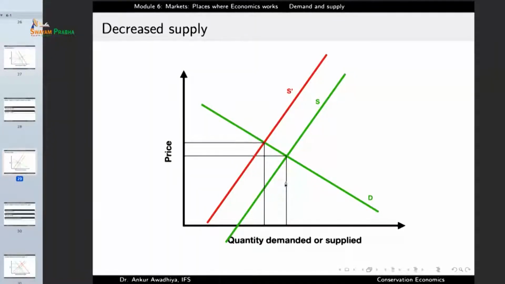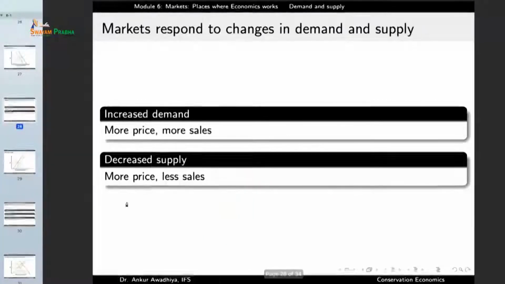Earlier, the quantity demanded or supplied was this much. Now it has reached this point. So there is a decrease in the quantity that is demanded or supplied. So a decrease in supply will lead to an increase in price, but a decrease in the quantity that is demanded or supplied. That is more price and less sales.